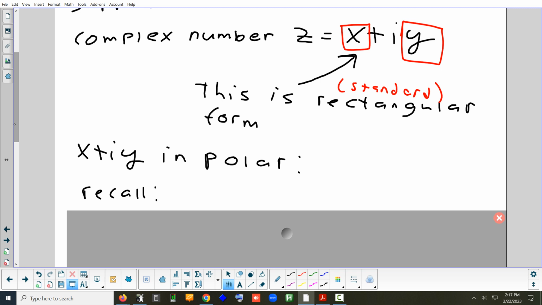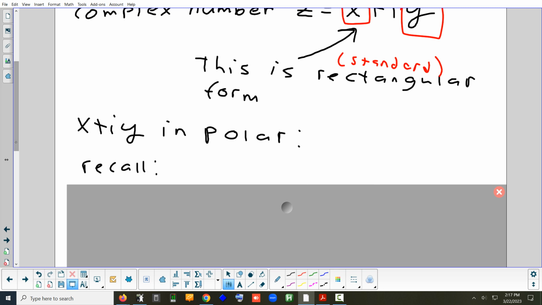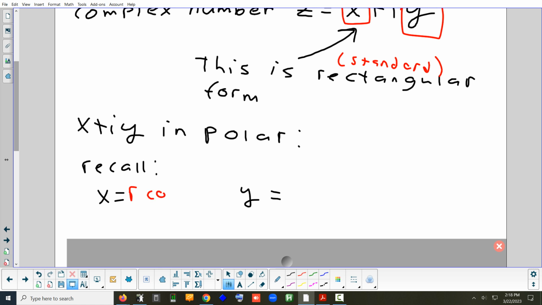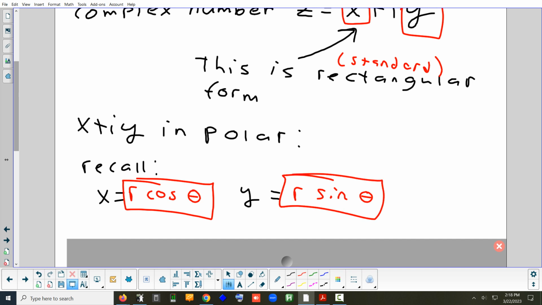It would be the number, cos, degrees. And what did we call the number? We used the letter for that. The what? Yep, R cosine theta. And we proved where that came from on Monday. And what did we have for Y? Okay. So those are the two formulas from Monday. We're going to reuse them right now.